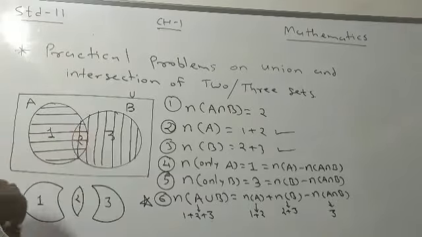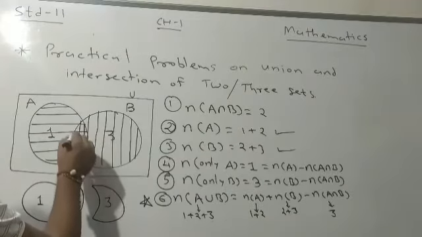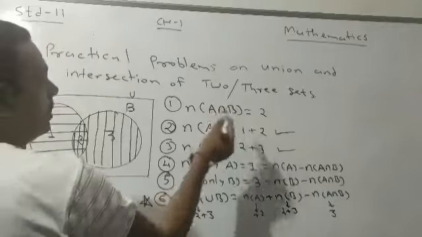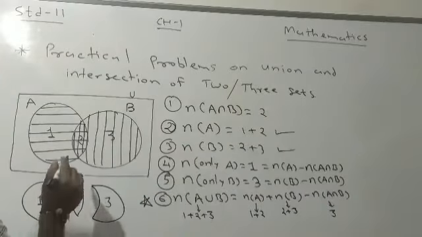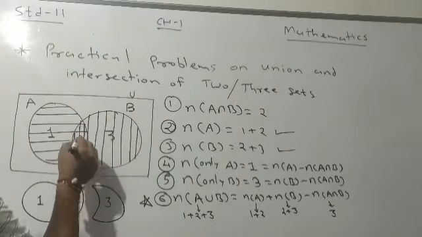But when we are talking about A intersection B, meaning the common part, then we have to consider only part 2.